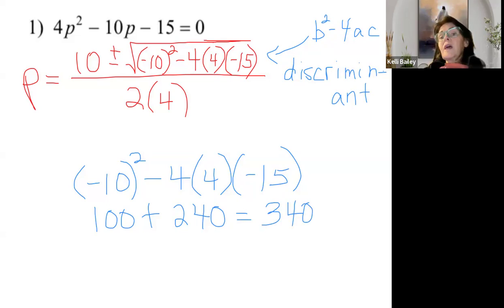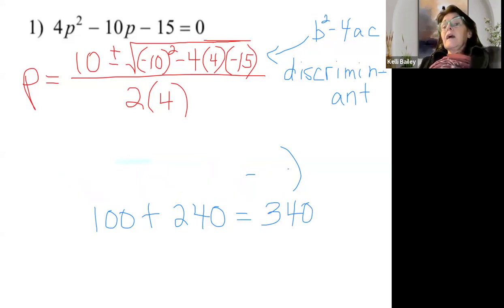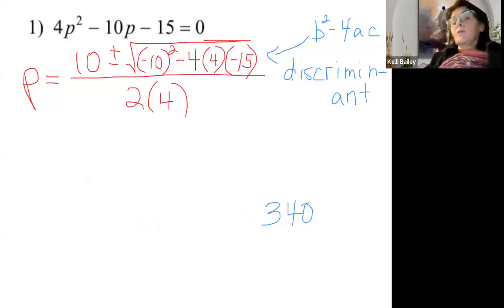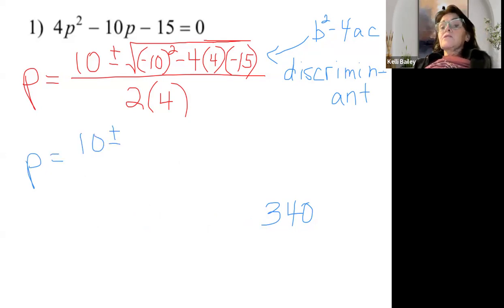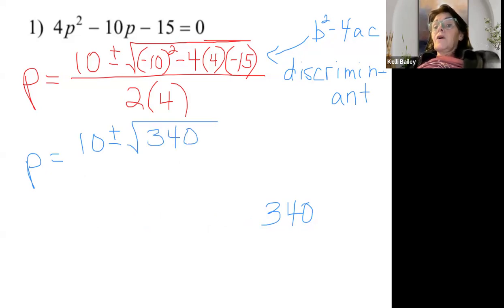All right, so I am going to go back up here and put it underneath the radical. Square root is also called a radical. P equals 10 plus or minus the square root of 340 all over 8.